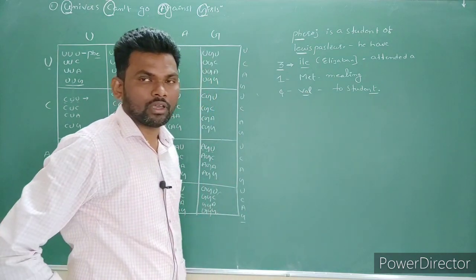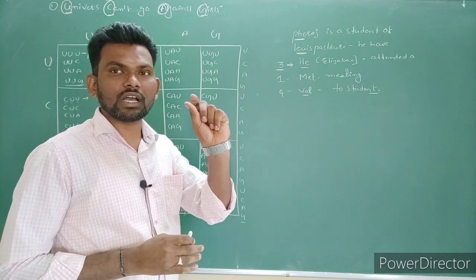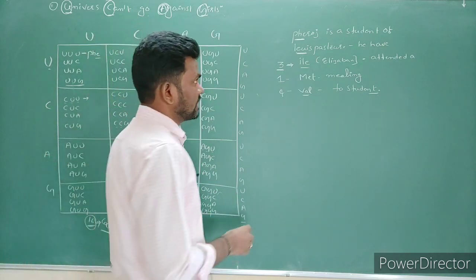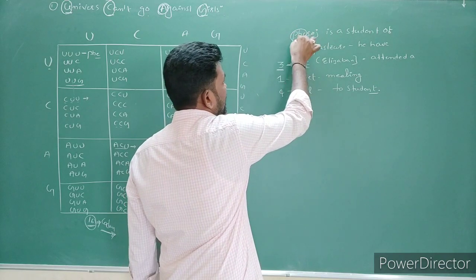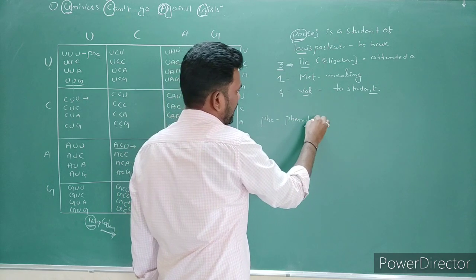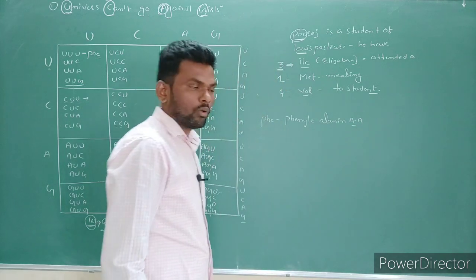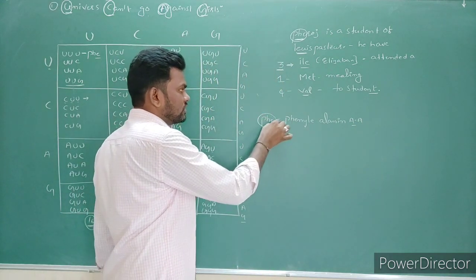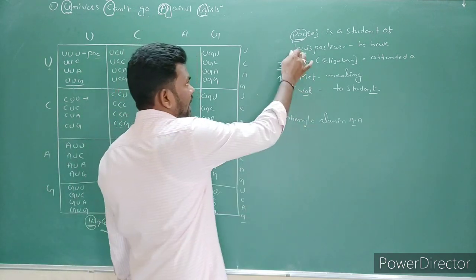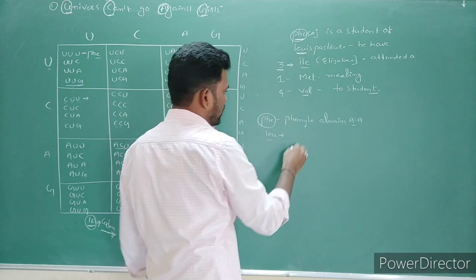Here we are not going to write the amino acid names completely. We are going to write the first or second letter, sometimes the first 3 letters. For example, PHE is the code for phenylalanine. First 3 letters, sometimes first 2 letters are indicated. LEU means leucine.